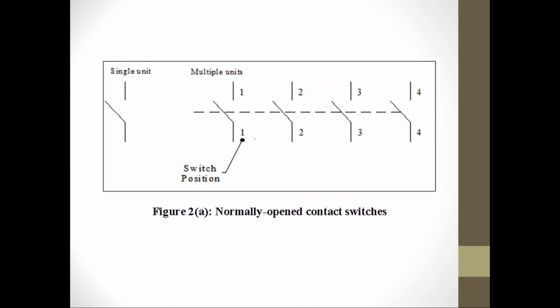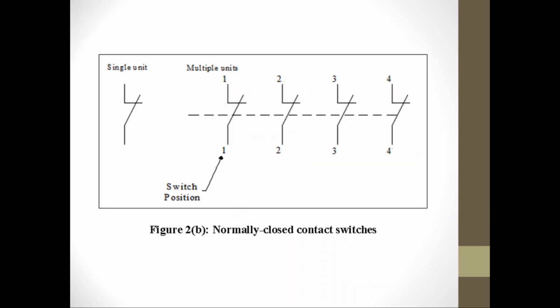So the first type of switch is the normally open switches. So in this given figure, a normally open switch, once triggered, will become closed. Okay, and then the second type is the normally closed switches. So initially, there is a contact between this point and this point.